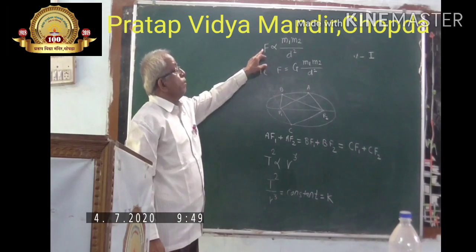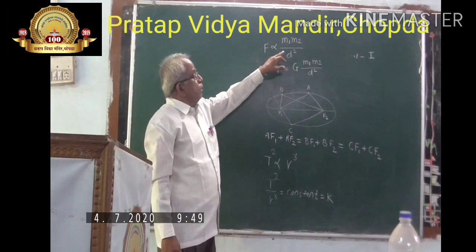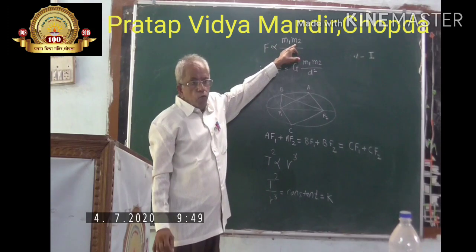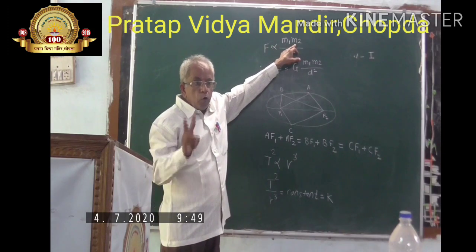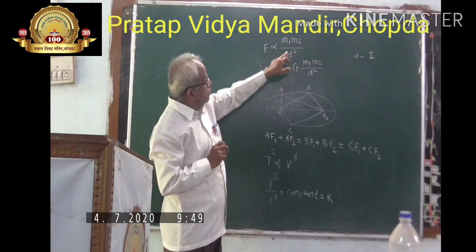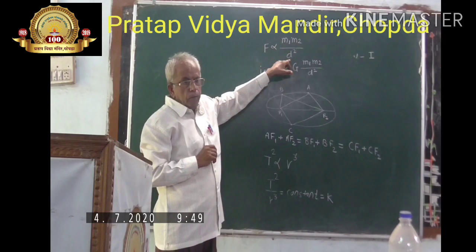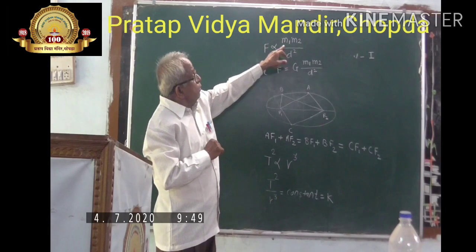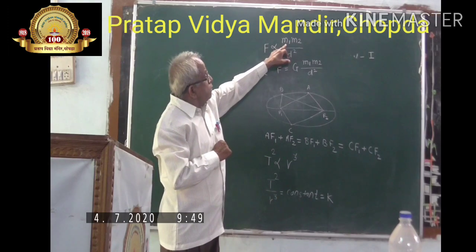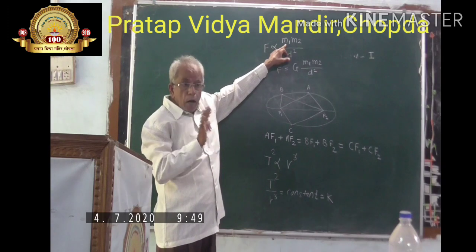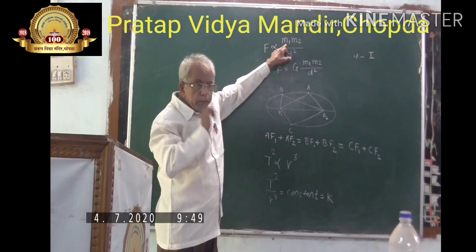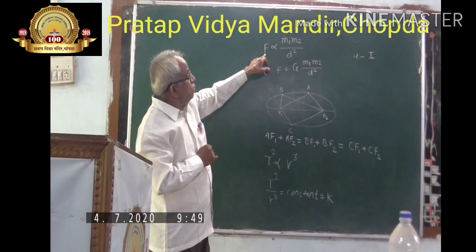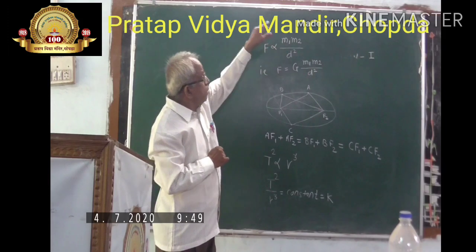Here, if M1 and M2, which are masses of two objects kept at a distance of d, in this case, if M1 is doubled or M2 is doubled, at that time force becomes double.